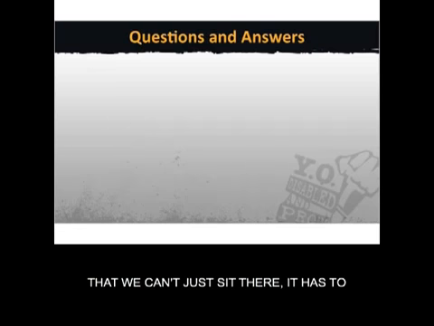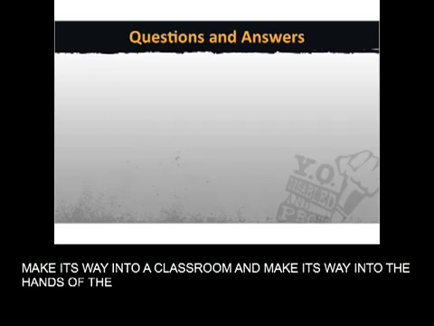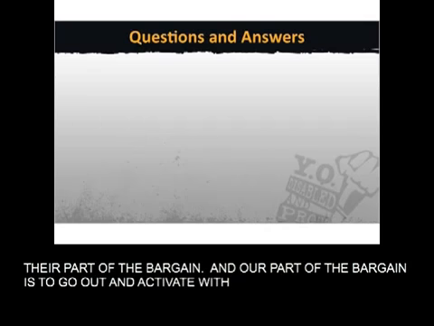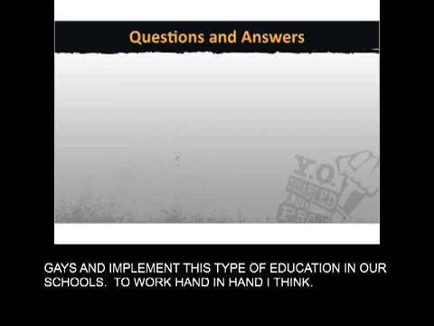It has to make its way into a classroom, and it has to make its way into the hands of the administrators in schools, the teachers, and the parents to form those lesson plans and to do their part of the bargain. And our part of the bargain is really to go out and to activate, to engage, and to implement this type of education in our schools. The two work hand in hand, I think.